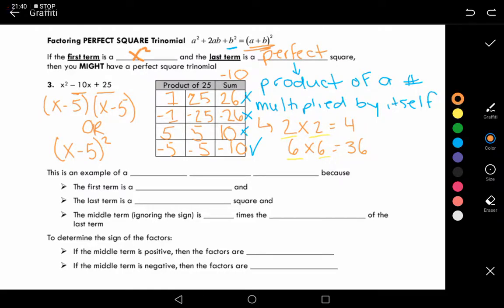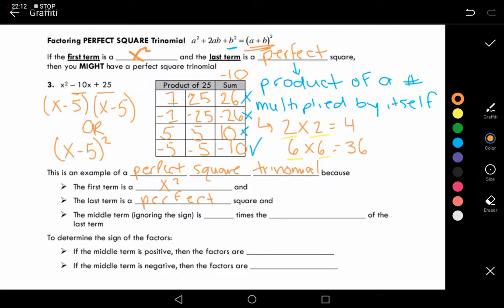Okay, so this example that we just did is an example of a perfect square trinomial. And the reason for this is because our first term was a simple x squared, and our last term was a perfect square, right? Our last term ended up being the product of negative 5 times negative 5, which makes it a perfect square.